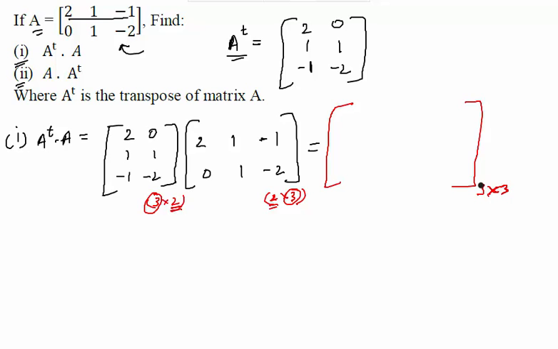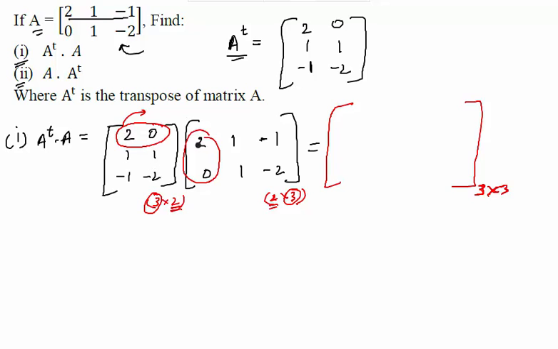So now the only thing we need to do is find the elements of this matrix. In multiplication, we take one row and multiply it with one column, right?